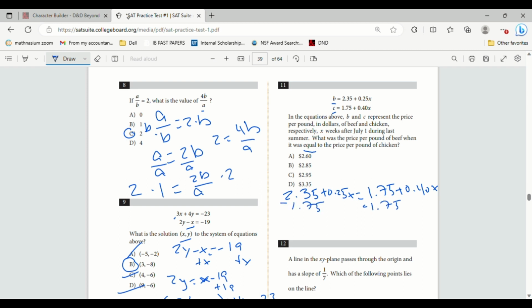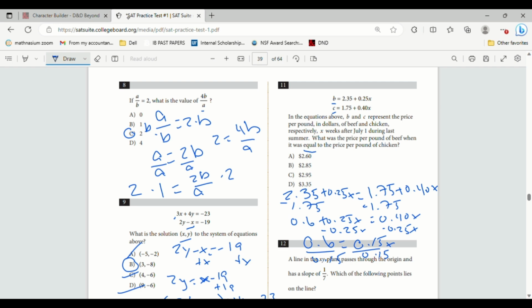This is going to be 0.6 plus 0.25x equals 0.40x, minus 0.25x from both sides. We get that 0.6 equals 0.15x. And so we can divide these without having to use a calculator, divided by 0.15.